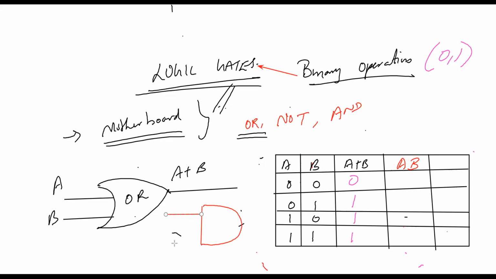Again, here also I'll give two inputs, A and B. The two lines are the two inputs, and this is my output, that is A into B. A into B means I'm multiplying. 0 into 0, I should get 0. 0 into 1, 0. Only 1 into 1 will give me 1. Rest all are 0.